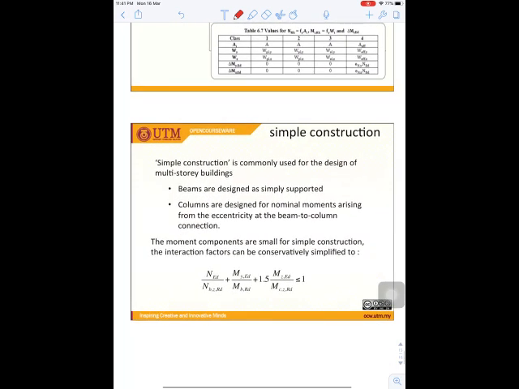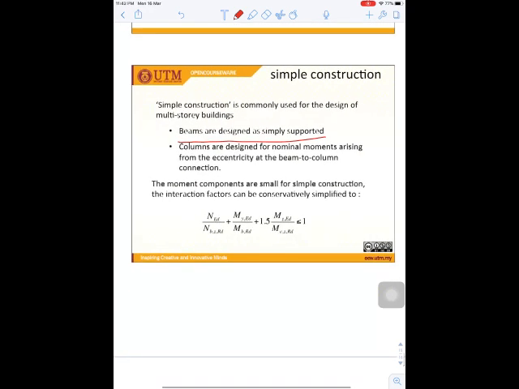Because we are dealing with columns under simple construction, where the beams are designed as simply supported, and the columns are designed for nominal moments arising from the eccentricity at the beam to column connection, that makes our life simpler, where the iteration factors can be conservatively simplified into this formula here.